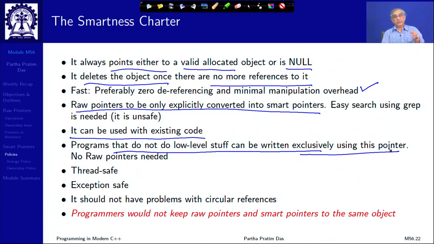Only if you do low level stuff, that is where you need the address arithmetic kind of operators, and therefore, you will need to have the raw pointers. It must be thread safe, it must be exception safe, and it should not have problems with circular references. We will see what that means. And programmers vouch that they would not keep raw pointers and smart pointers to the same object. Right?